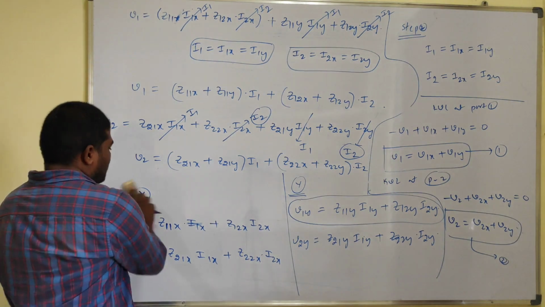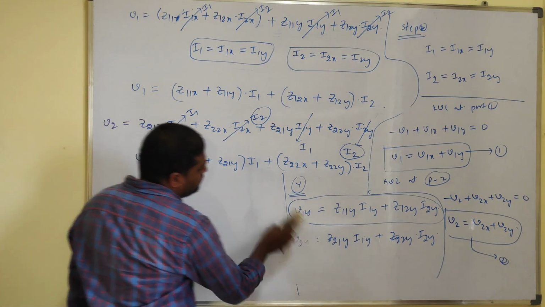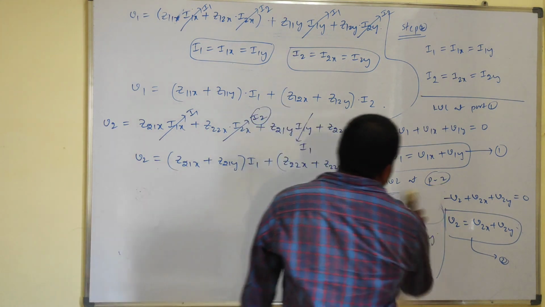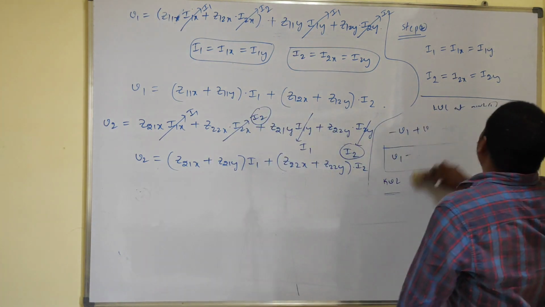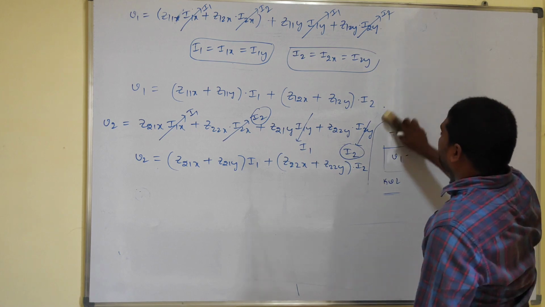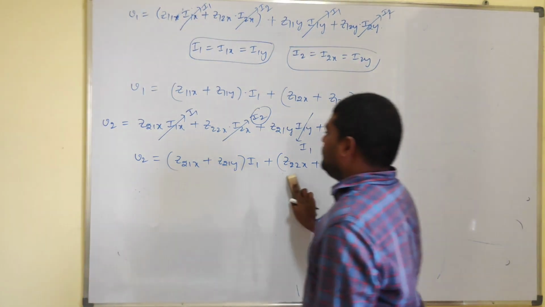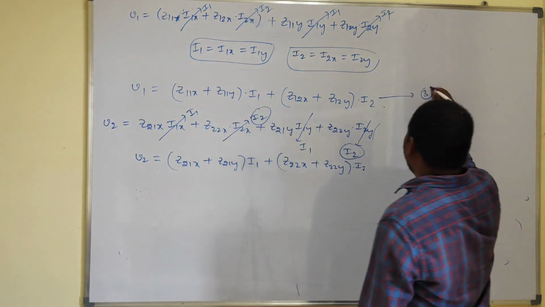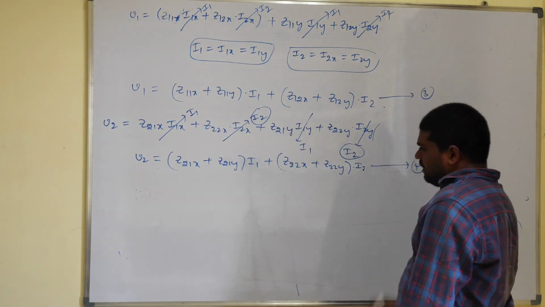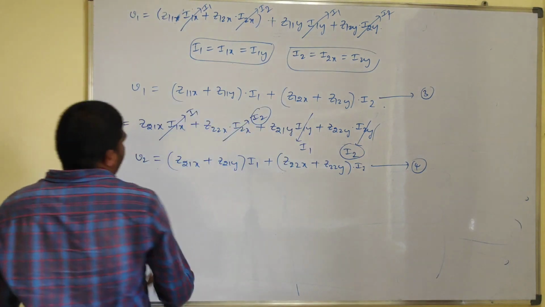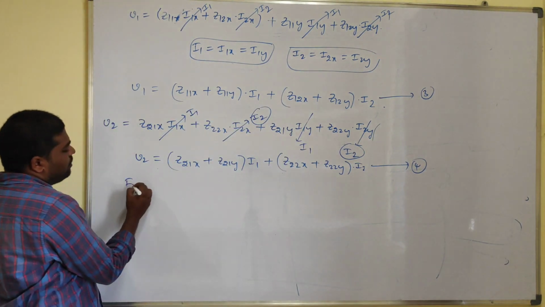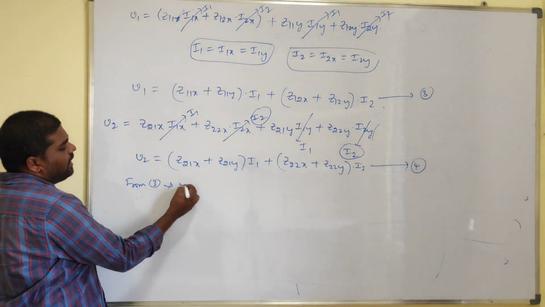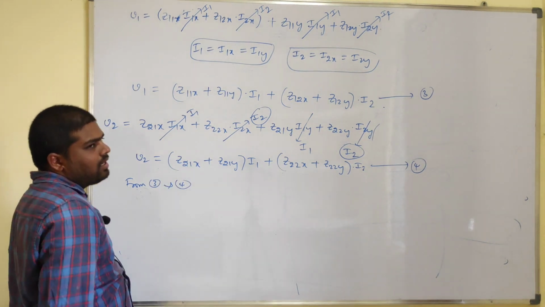Now let me conclude. This is equation number 3 and this one is equation number 4. From 3 and 4, we can develop the two-port matrix.